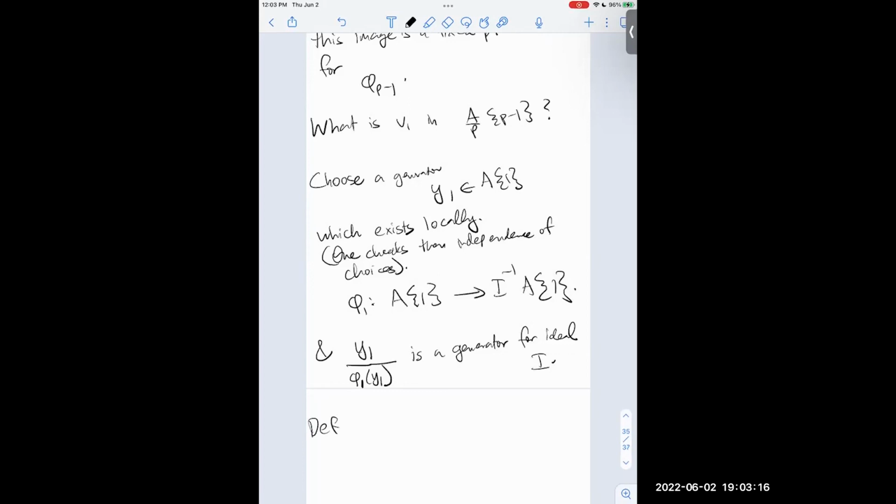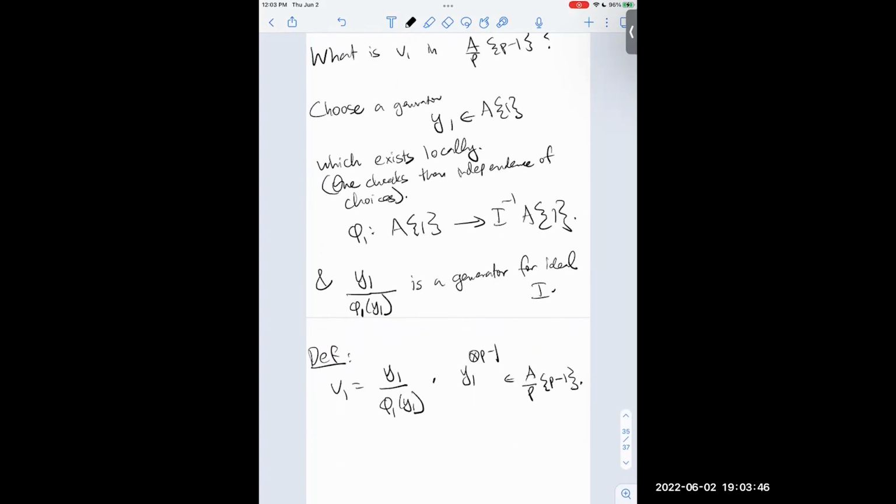Then the definition is that V1 is going to be, first you take y1 divided by phi1 of y1, which is again living in the ideal I. Then you multiply it by y1 tensor p-1, which lives in A twisted by p-1. Then you reduce it mod p, so consider this as an element of A/p twisted by p-1.